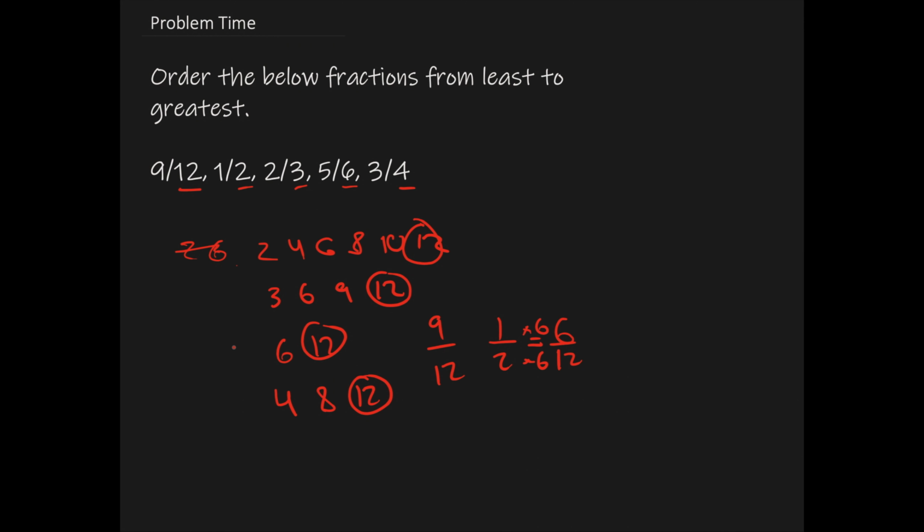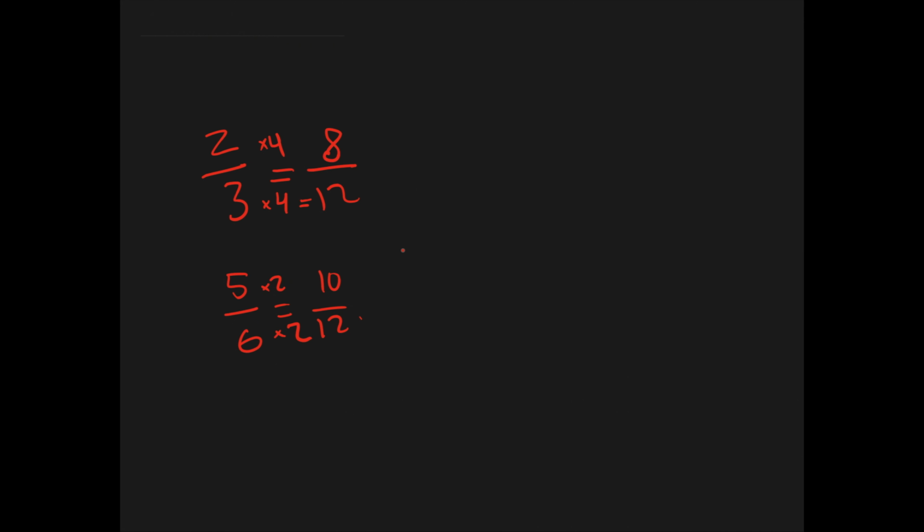Next, and last, we have 3/4. We have 3/4 equals, 4 times 3 equals 12. So we have to do 3 times 3. 3 times 3 equals 9. So our last fraction is 9 twelfths. So now we have to order them.